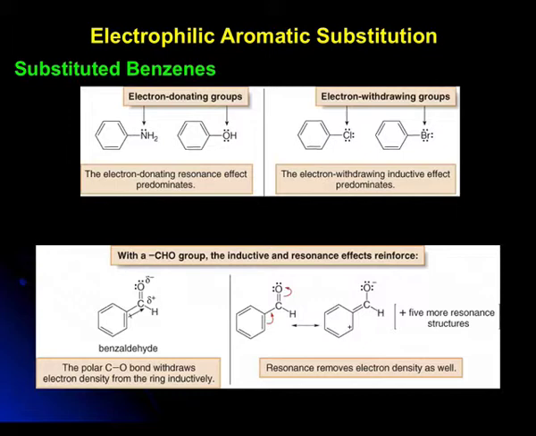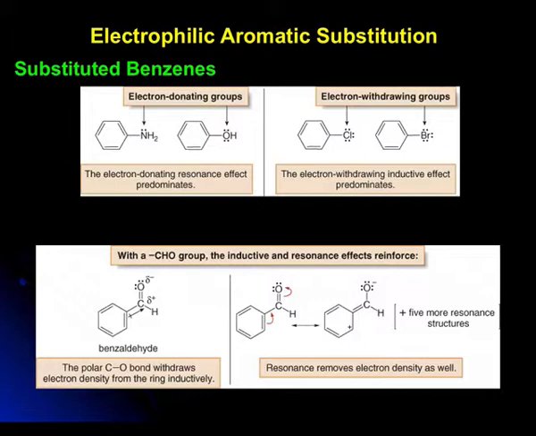The halogens look like an analogous situation, right? It's an electron withdrawing group with lone pairs. These are the anomaly. They will direct the incoming electrophile to positions 2, 4, and 6, but the reactions actually occur slower than the unsubstituted benzene.